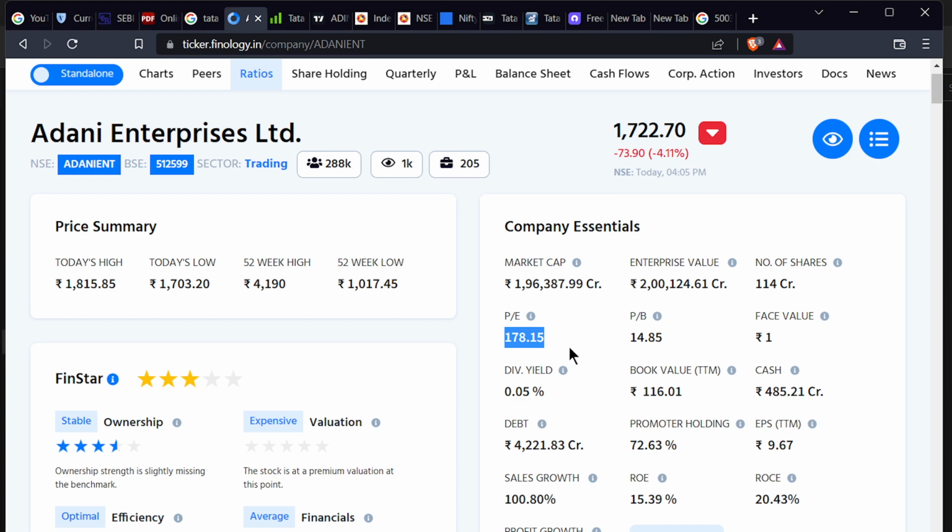So it will tell you how much amount you need to pay to get a profit of this much. So 178 times you need to pay to get a profit of 9.75. When you multiply PE ratio by EPS, you will get the current market price. So this should be less actually. If it is around 10 or 15, 20, then it's fine. So it is too high. So you can think this Adani Enterprise is overvalued like that.